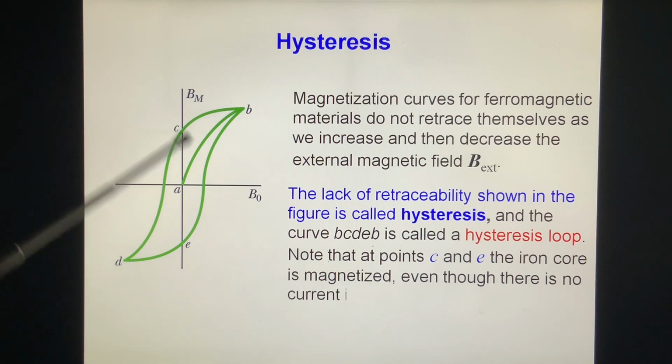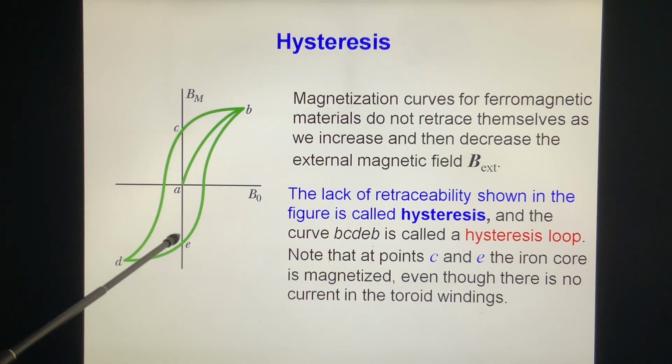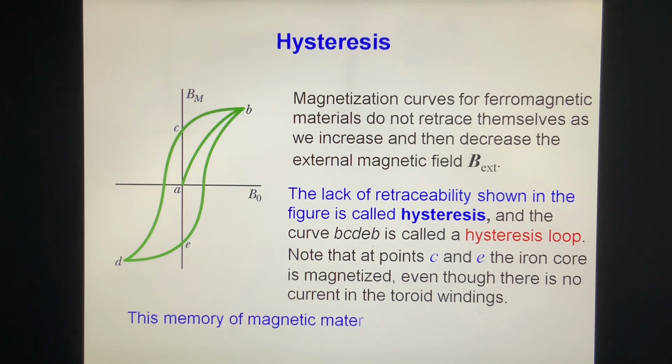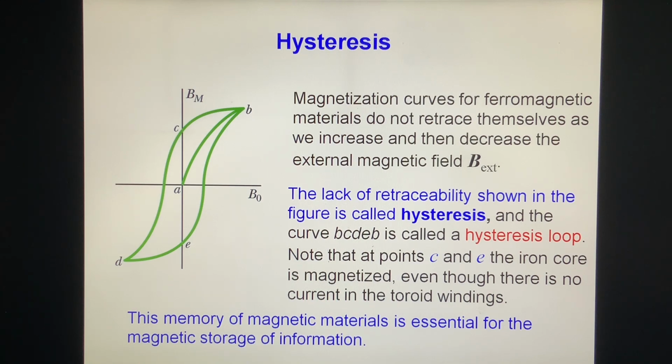Note that at point C and point E, the iron core is magnetized even though there's no current in the toroid winding. There's no external magnetic field. And this one is so important. This memory of magnetic materials is essential for the magnetic storage of information.